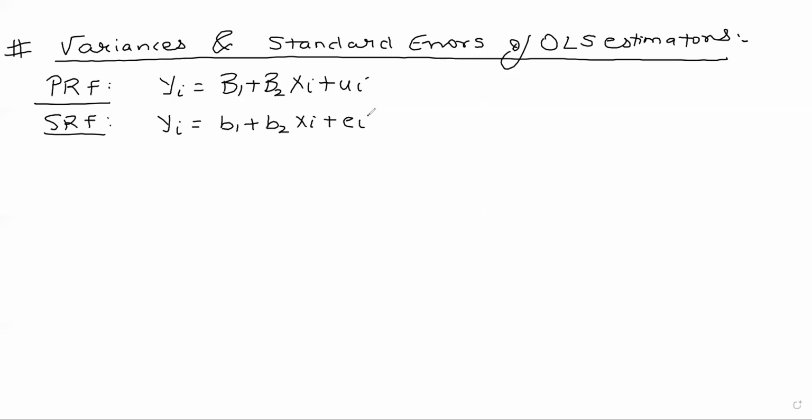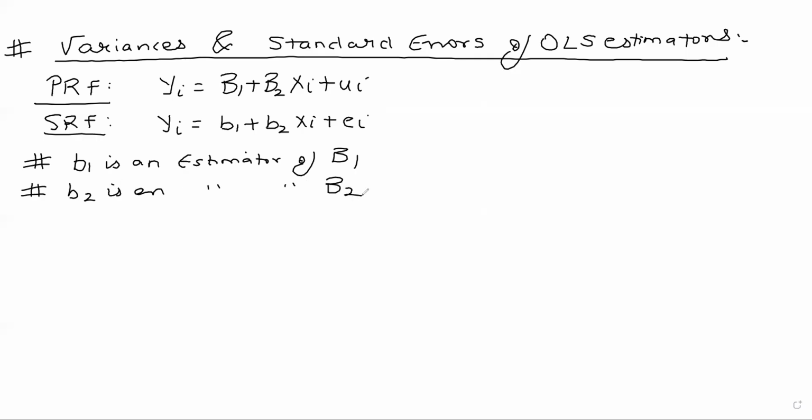Now small b1 is used to estimate capital B1, so b1 is an estimator of capital B1. Small b1 is the sample intercept term, capital B1 is the population intercept term. Small b2 is an estimator of capital B2. Small b2 is the sample slope coefficient, capital B2 is the population slope coefficient. And ei, which is my sample residual term, is an estimator of the population disturbance term ui.